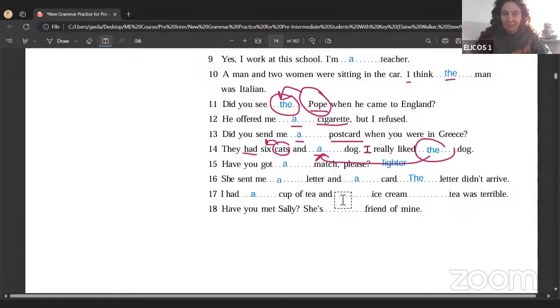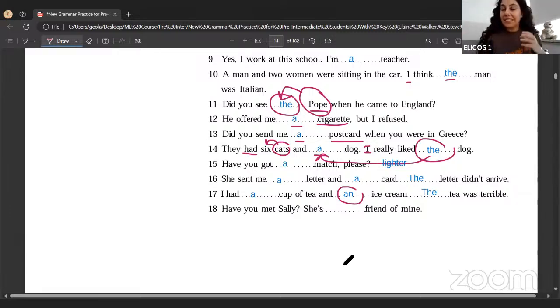I had a cup of tea and an ice cream. The tea was terrible. Yes, so just remember with your pronunciation, you really have to push the and, and ice cream. Make it longer.